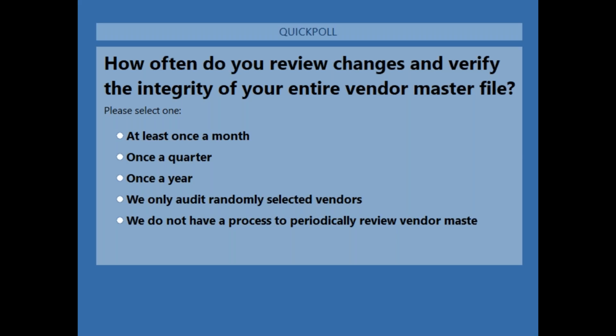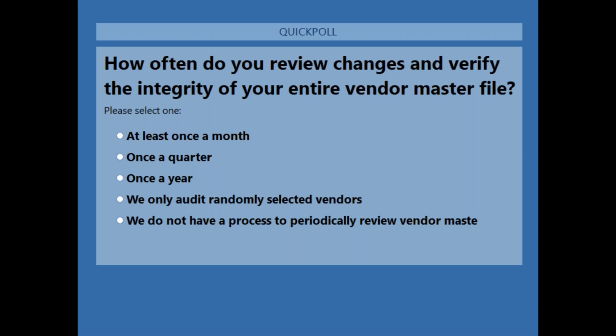So go ahead, I'll give about 20 more seconds for everyone to vote. All right, about 10 more seconds to go. And if you remember, I stated at some point in the presentation that I do recommend once a month, but I know in most cases it's a manual process, so quarterly, annually, at the very least annually is recommended.